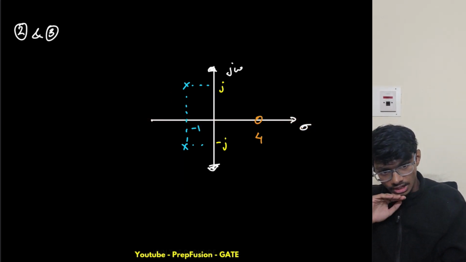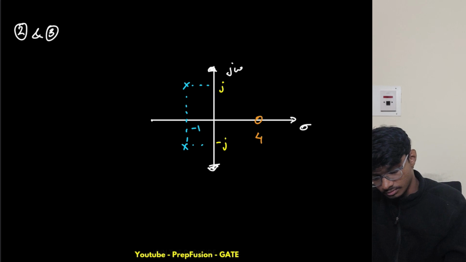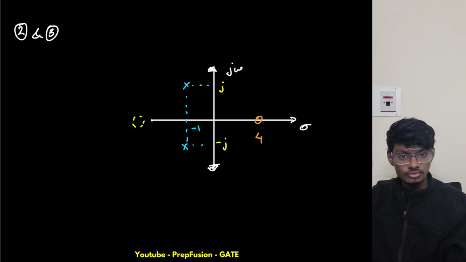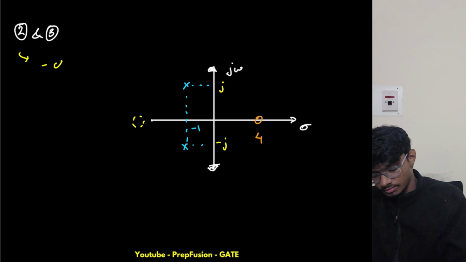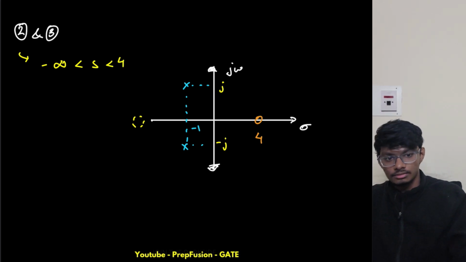My asymptote will go here, because I have another branch going to that side. So the locus will be from minus infinity to, not minus 4, this time 4. So it will lie between these two points.